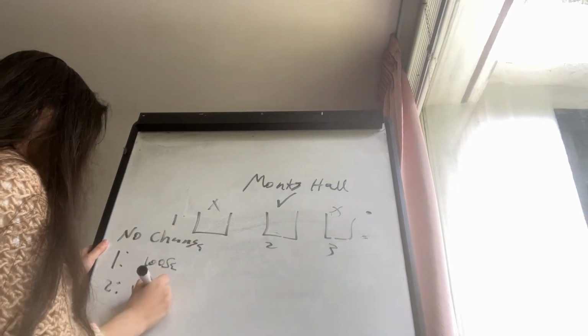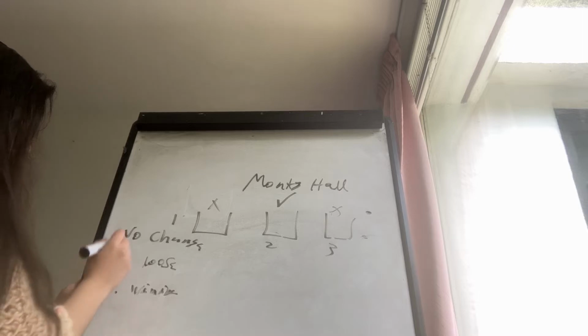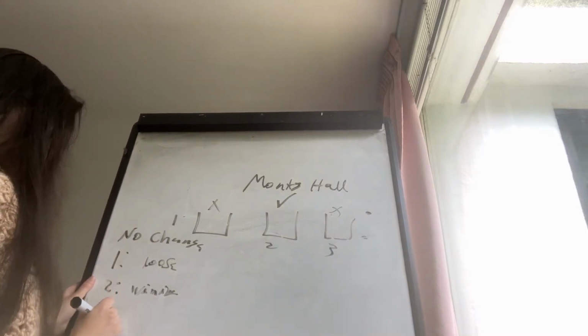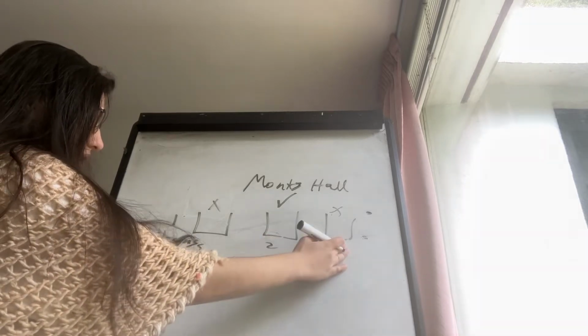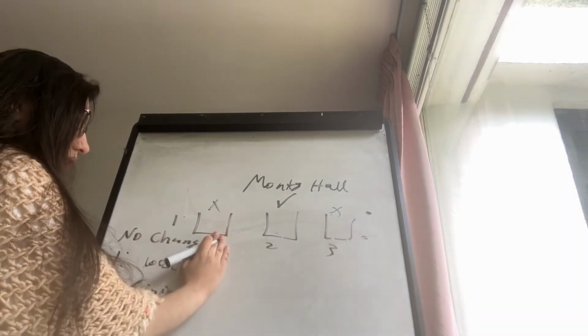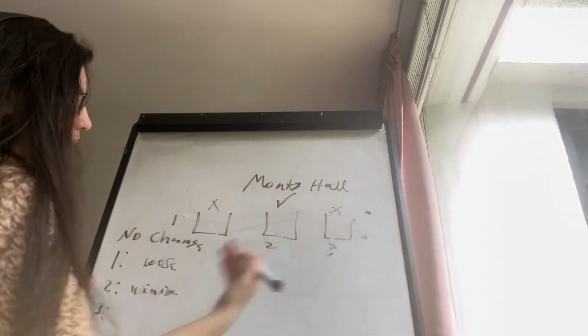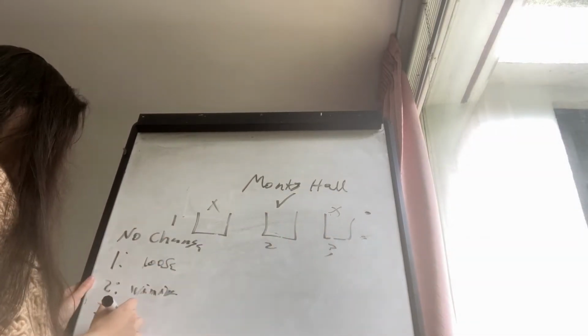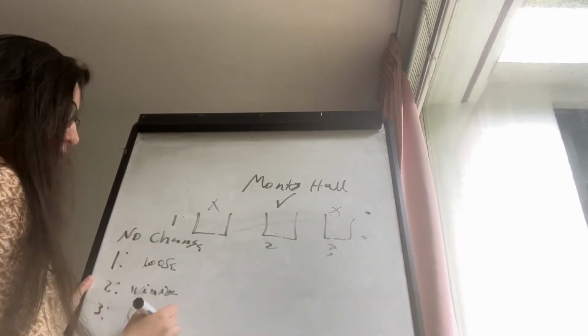So here, winning. And then if the player selects box 3, it's the same as box 1. The player selects this, the host will show this, the player will stay with this one, so the host will show this, and the player loses. So here, lose the game.